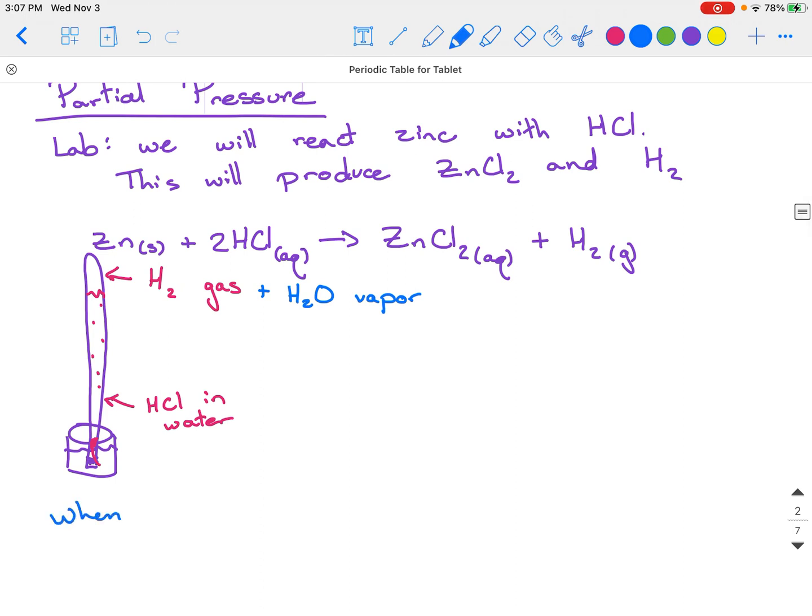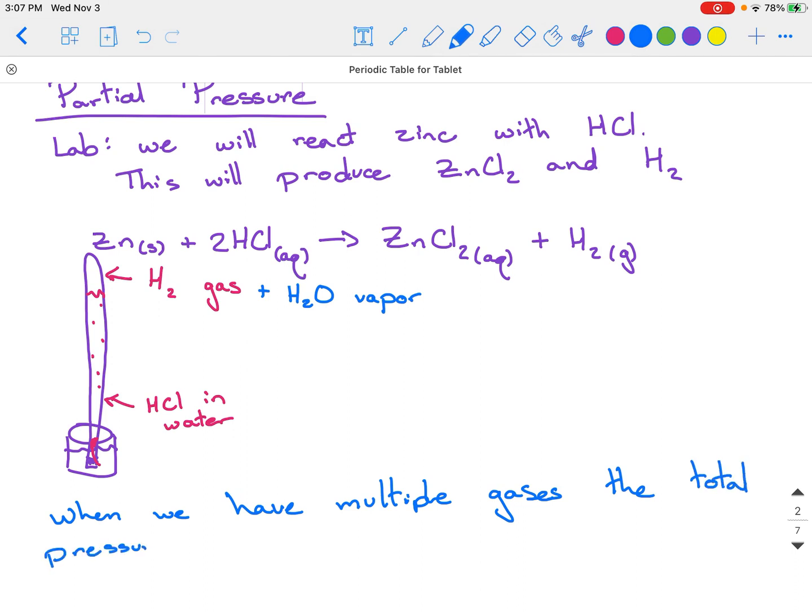So, when we have multiple gases, the total pressure will equal the partial pressures added together.